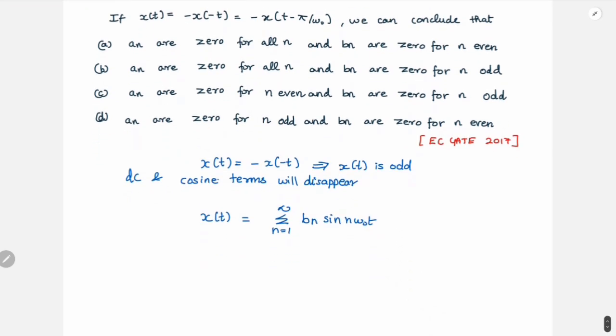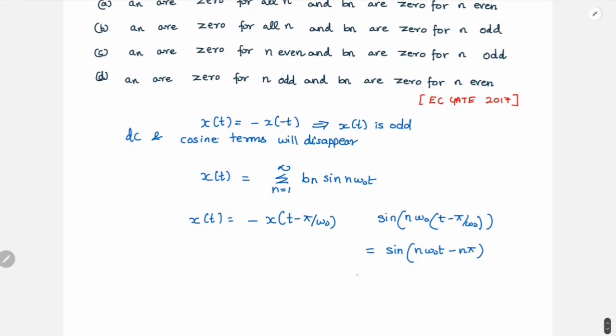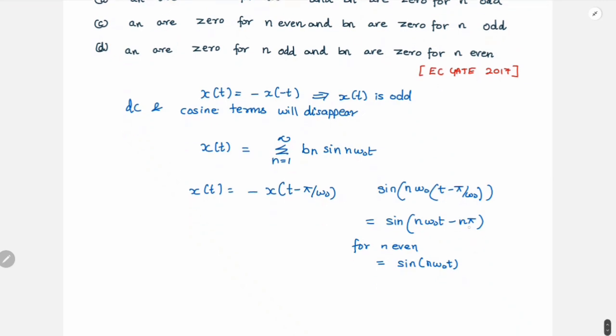Now let us use the second condition: x of t is equal to minus x of t minus pi by omega naught. So what happens to sin of n omega naught into t minus pi by omega naught? This is nothing but sin of n omega naught t minus n pi. For n even, this is equal to sin of n omega naught t itself, because it is periodic with period 2 pi.